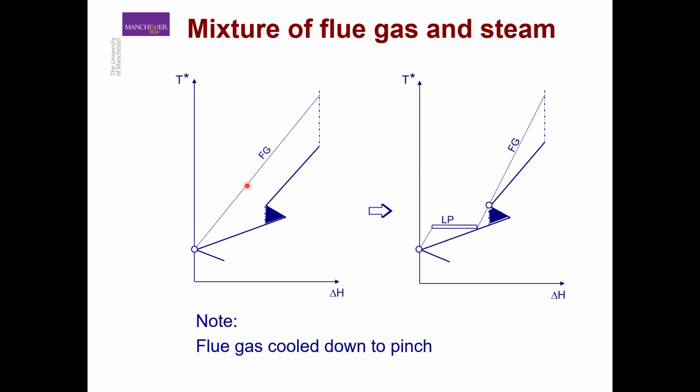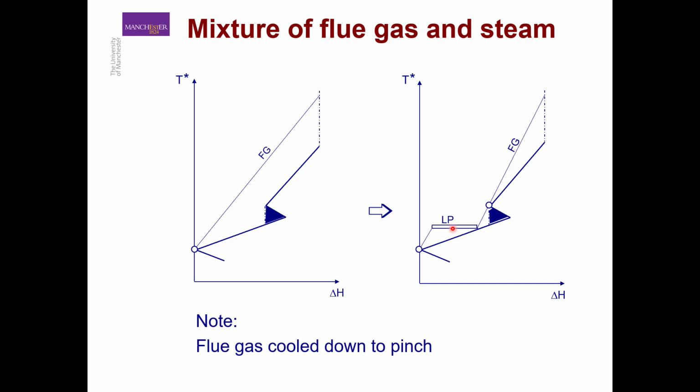We have already stated that the hotter the utility, the higher the cost. And in this particular case, we are going to use only the flue gas, so it is quite expensive.